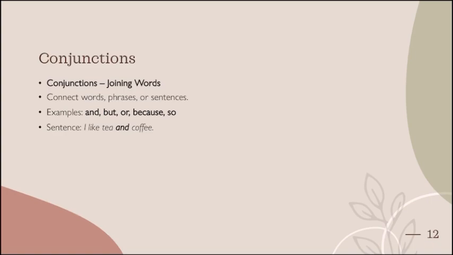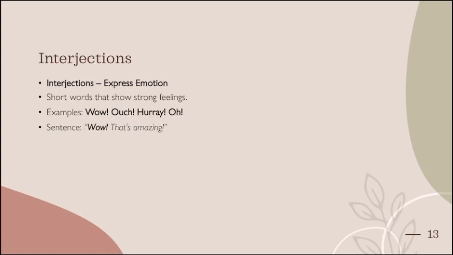If you say, I like tea, coffee, does it make any sense? No, right? So there should be a connection between word and word in a sentence. So conjunctions play a very important role in such sentences. I like tea and coffee. It makes sense, right?